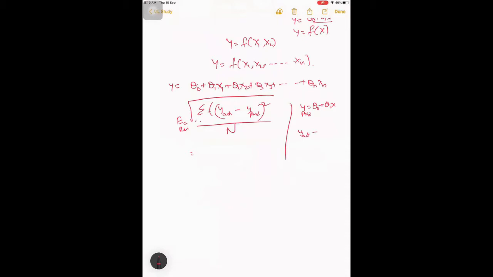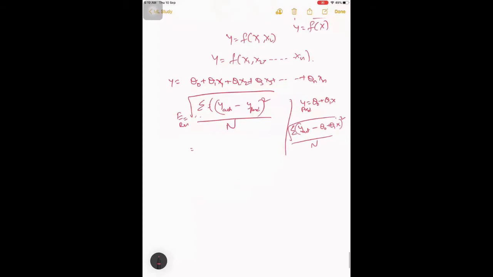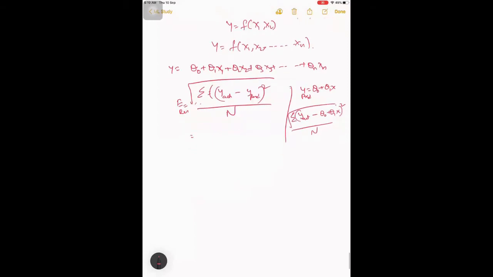So it will be y actual minus theta naught plus theta 1 x, whole square, sum, root over n. We can write it like this, right? Similarly, even here it will be y actual minus theta naught plus theta 1 x1 plus theta 2 x2, and so on, whole square and sum, under root, by n, right?